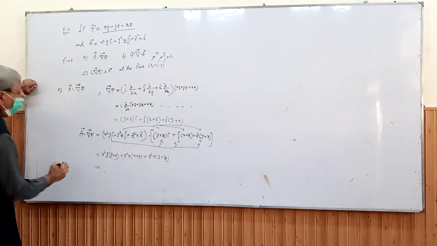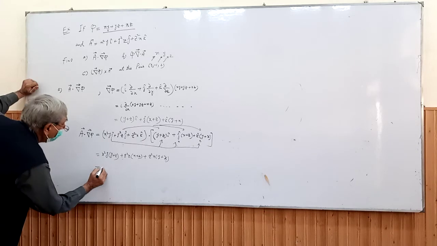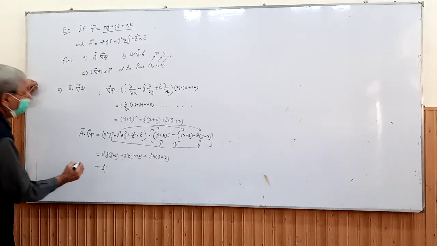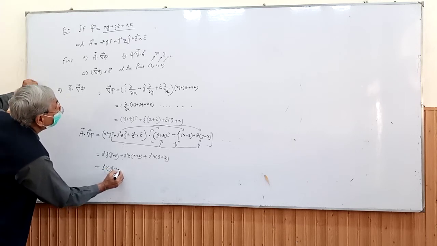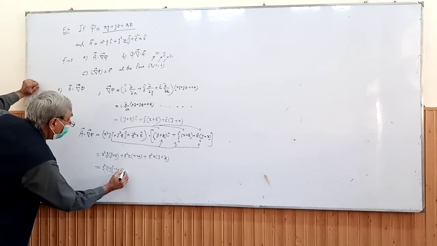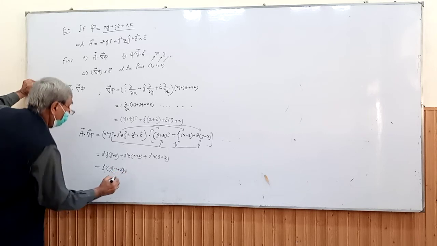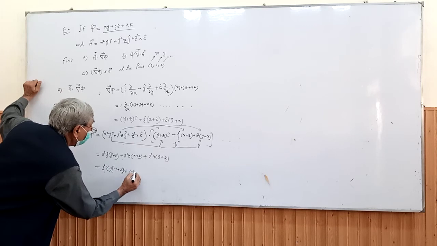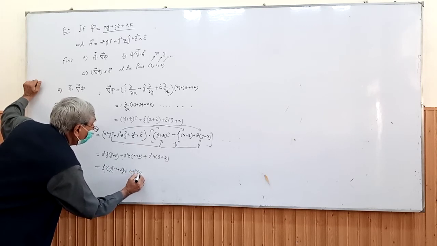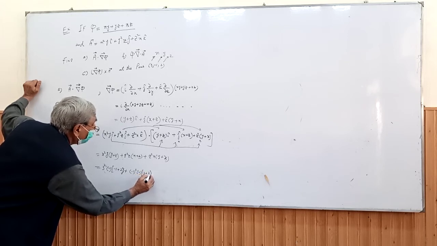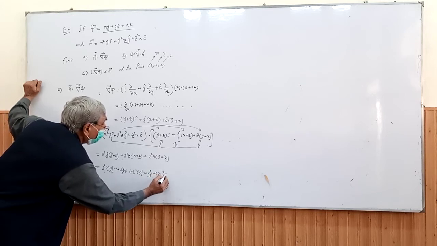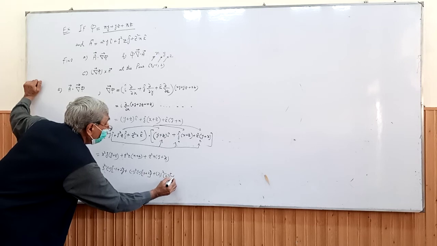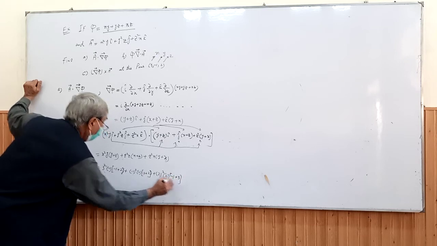So A dot del is x is 3, so 3 square into minus 1 plus 2, plus y square is minus 1 square into 2 into 3 is x, z is 2, plus z is 2 square, x is 3, y is minus 1 and x is 3.